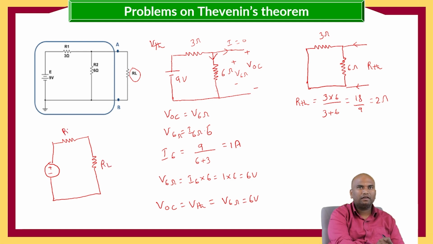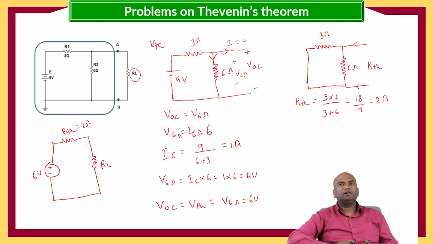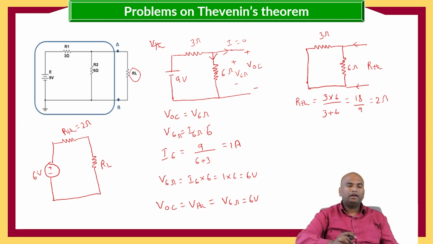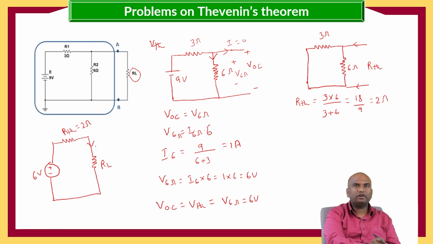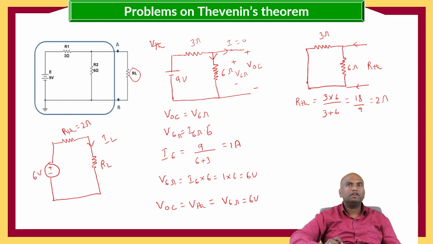This is RTH, the value is 2 ohms, and VTH is 6 volts. Now we got the VTH and RTH, and for any value of load resistance, we can easily calculate the load current by using Thevenin's theorem.